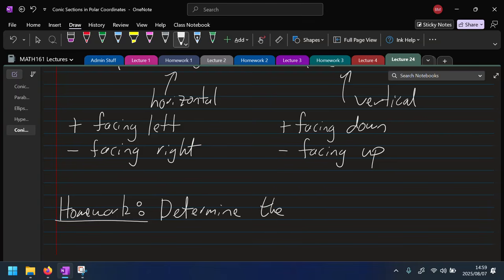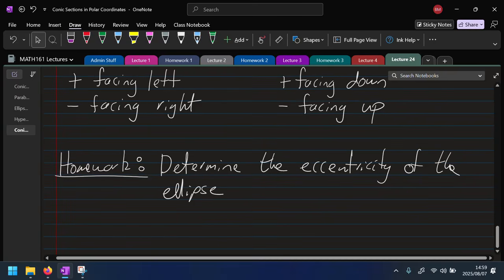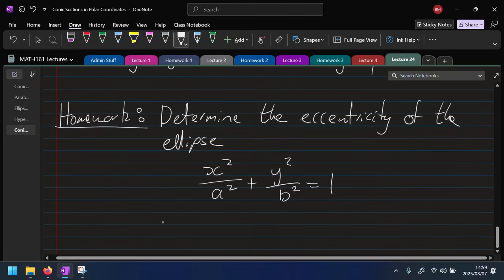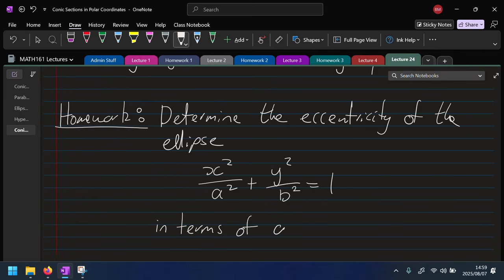Okay, determine the eccentricity of the ellipse x squared over a squared plus y squared over b squared equals 1, in terms of a and b.